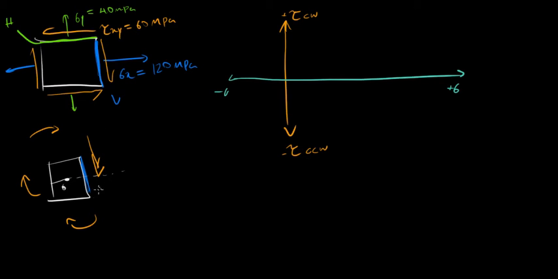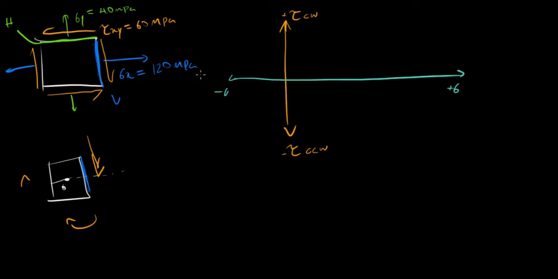It is making it rotate clockwise, right? Because the force comes here and the origin is here, so it wants to rotate the block clockwise on that vertical face.